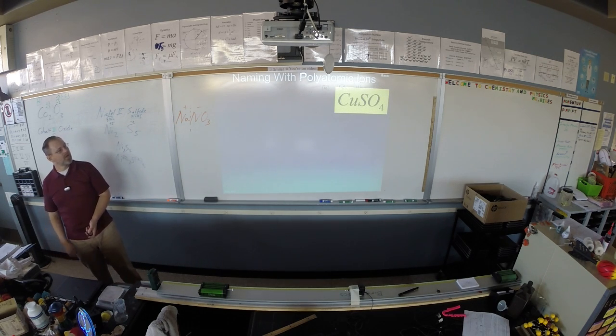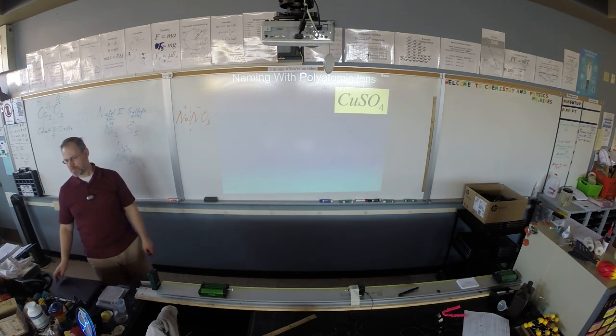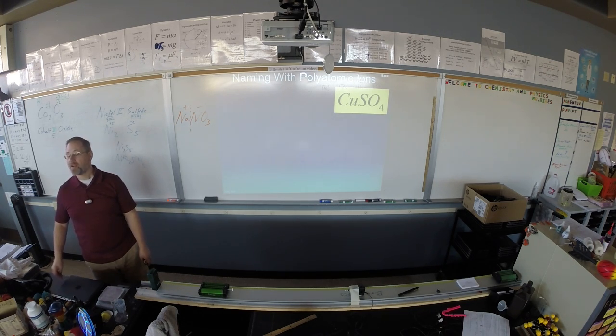Okay, so what is this? Copper sulfate. If you said copper sulfate, you're almost right. Not copper tetrasulfate. Remember, copper is a D block metal, so what should it be?